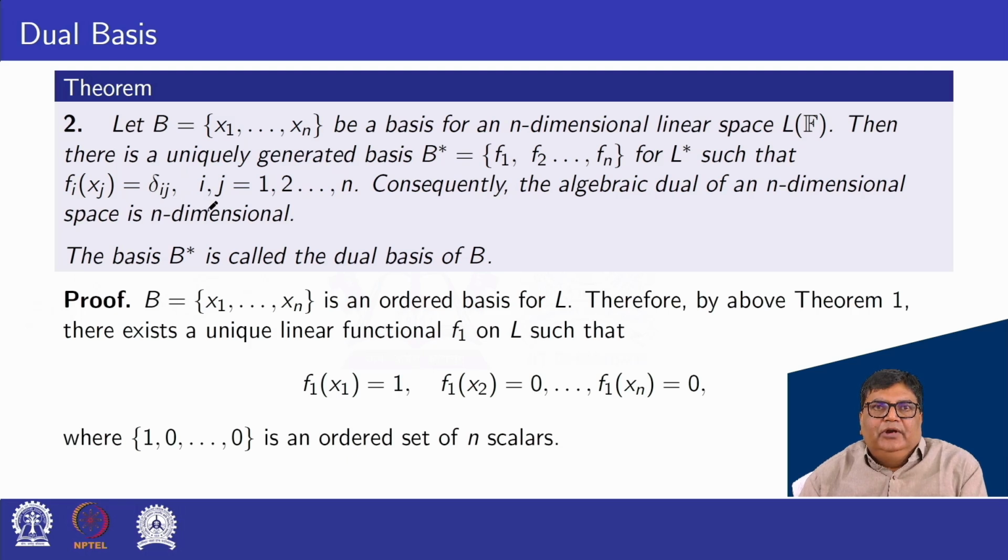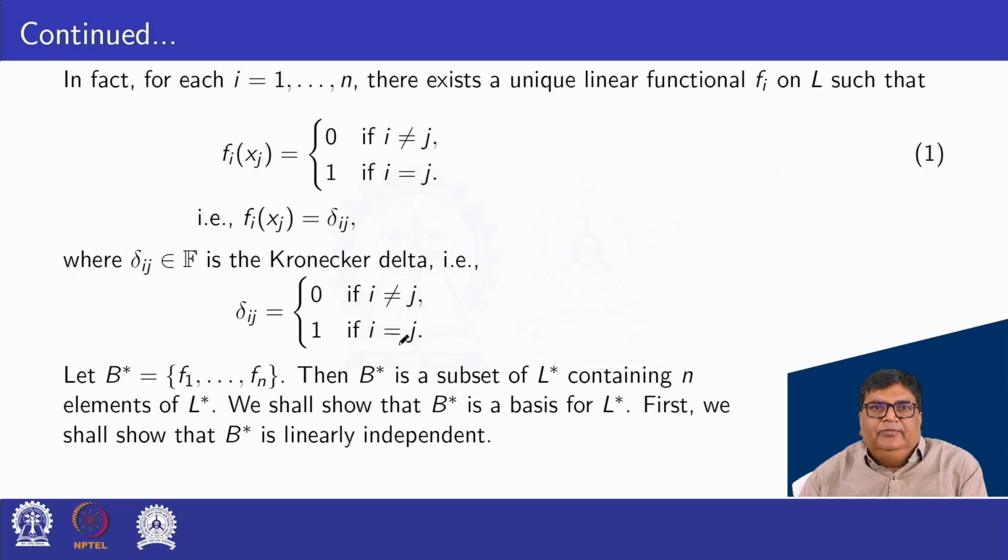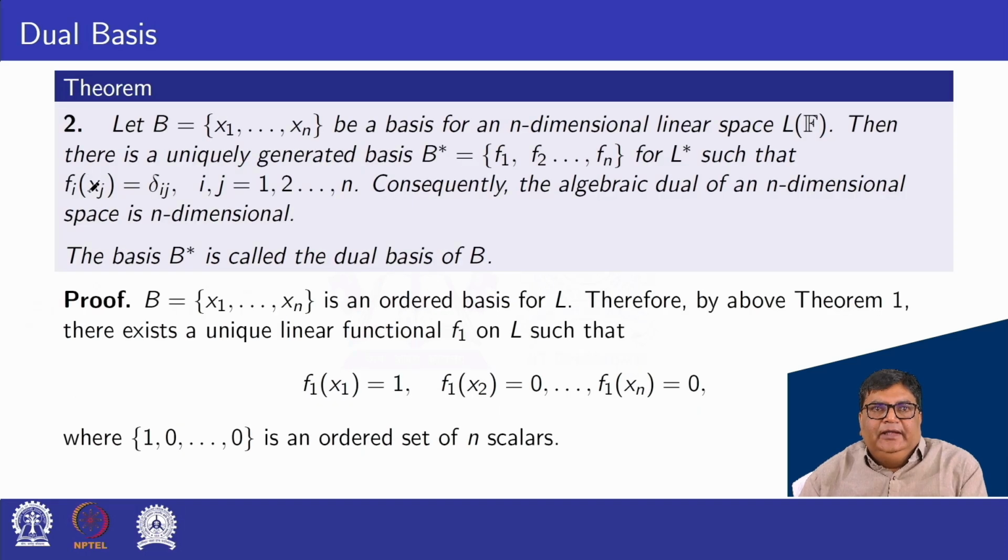Okay, Kronecker delta, that is the value of delta ij is equal to 1 if i is equal to j and 0 if i is not equal to j. So fi(xj) is defined as Kronecker delta, that is delta ij, i and j equal to 1 to n. Consequently, the algebraic dual of an n-dimensional space is n-dimensional. The basis B star is called the dual basis of B.